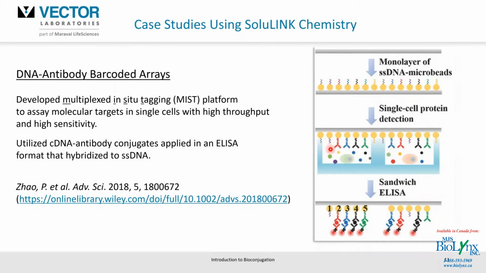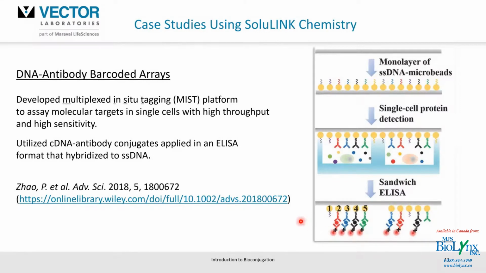But by using bioconjugation, what they did was attach complementary DNA to antibodies that then hybridized to those single strands, which allowed these antibodies to specifically capture different proteins in solution. And then using a fluorescent sandwich ELISA, they could quantify that.